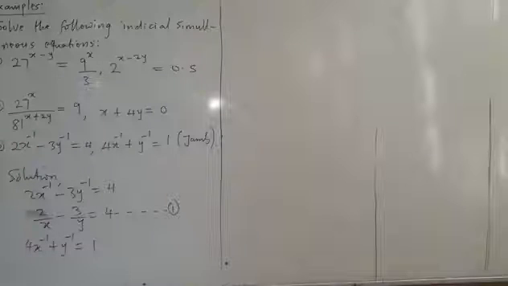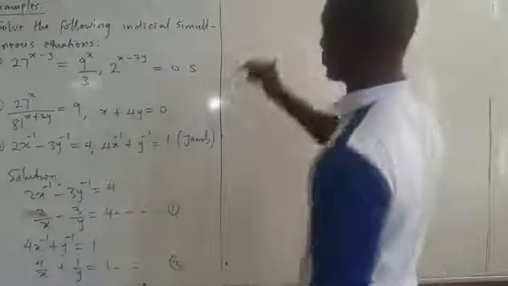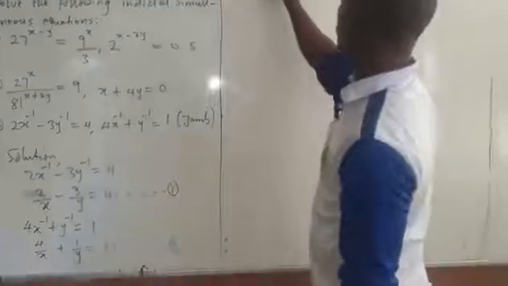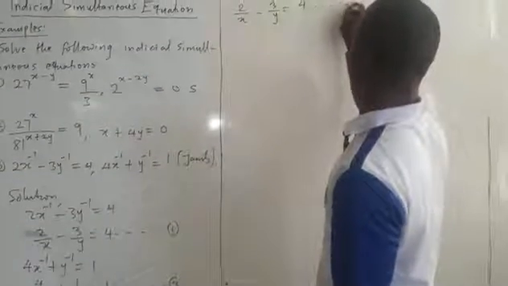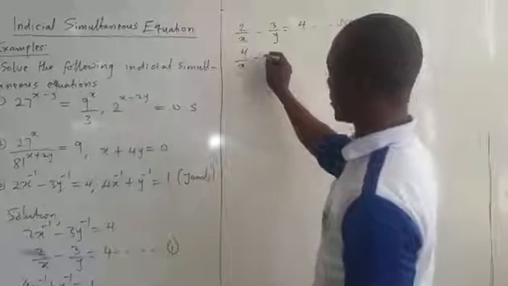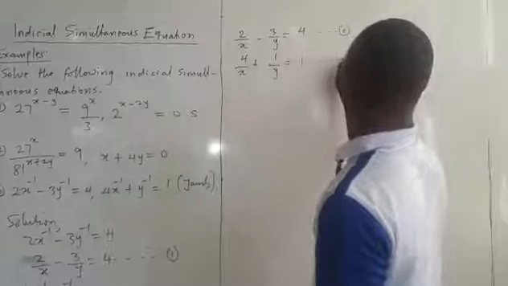Expressing it in the same form, that is 4 over x plus 1 over y equals 1, equation 2. Bringing equation 1 and 2 together, we have 2 over x minus 3 over y equals 4, equation 1, then 4 over x plus 1 over y equals 1, equation 2.